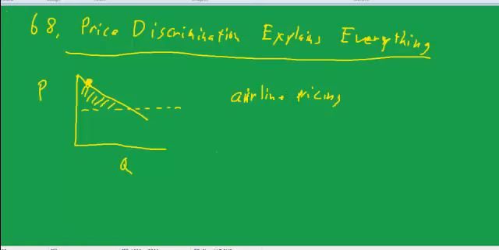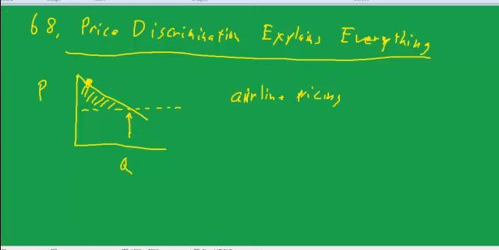What they're trying to do is make sure that the last seat, let's say here, is occupied, and so they're willing to charge a very low price for the person who gets the last seat, the standby passenger or whatever, or the person who's least sensitive to price, and they want to charge a high price to the passenger who's willing to pay more.